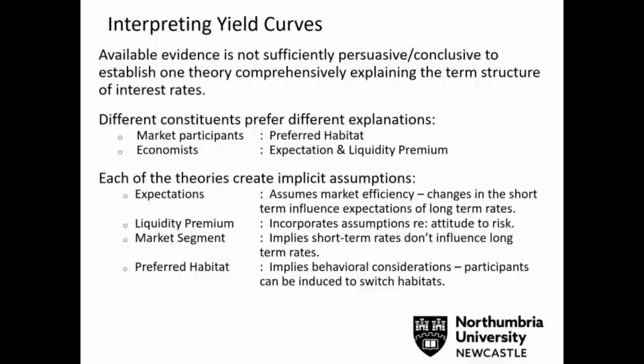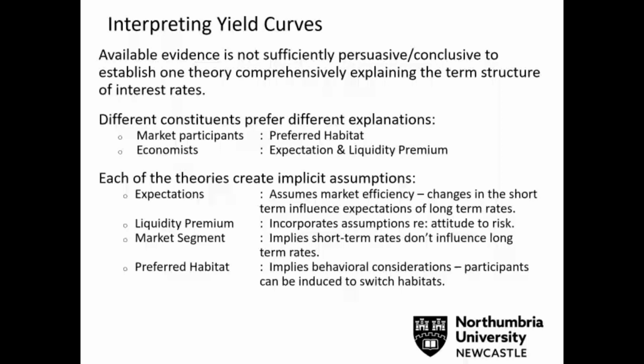So if we just summarise these theories and whether they're actually driven by economics or by behaviour, we can see that the economic theory is more relevant to expectation theory, i.e. we did the maths, and liquidity preference theory. But we talked about market participants when we referred to the habitat theory.